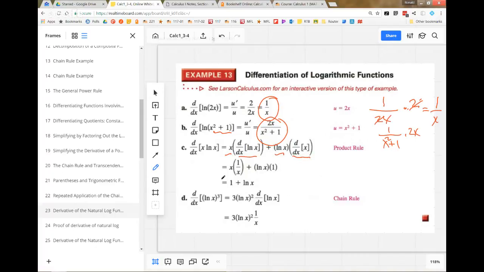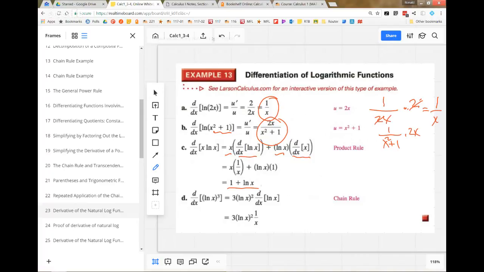So x times, and what is the derivative of the natural log of x? It's 1 over x, plus the second, and then the derivative of x is 1. So then just simplify it a little bit. That was just a case of a product rule, and inside the product rule, we had to execute the derivative of a natural logarithm.